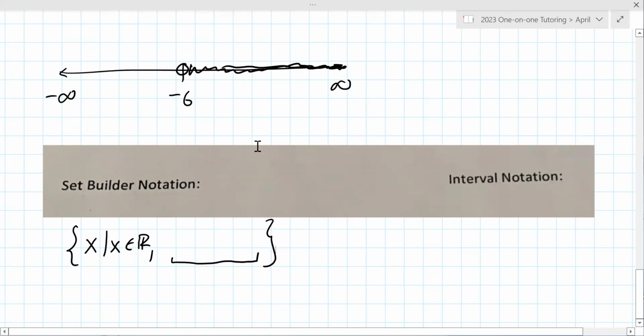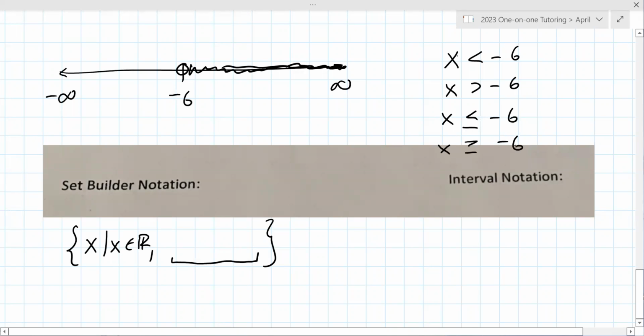What goes here? How do you describe what's shaded here using inequalities? Less than, greater than, less than or equal to, greater than or equal to. What goes in here? -6. How do you say all the numbers to the right of -6? I'm not sure. So here are your options, these 4 options.